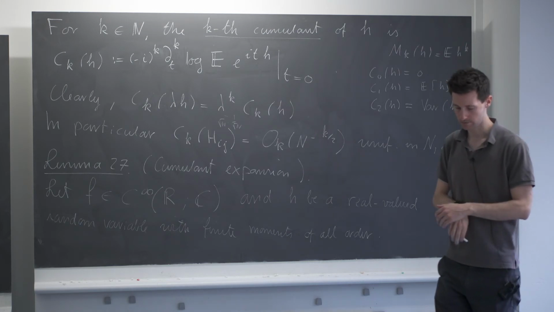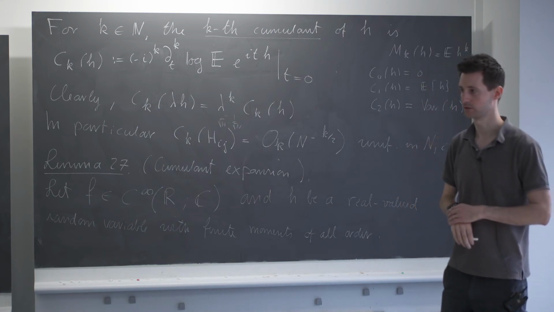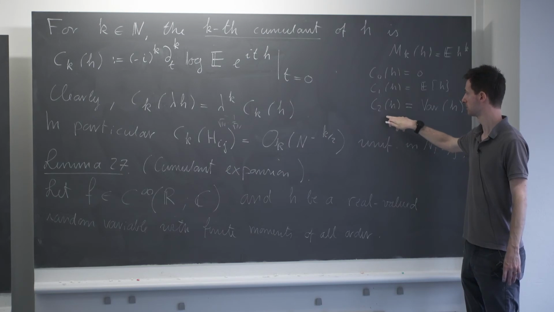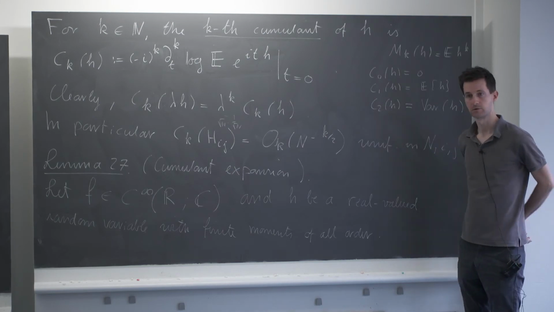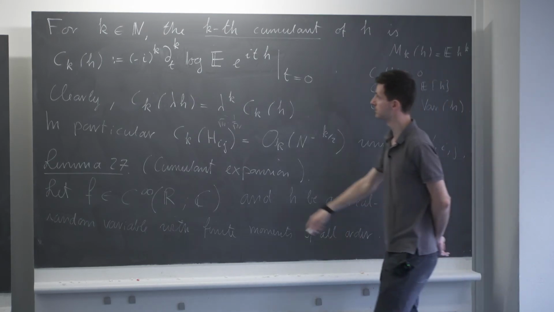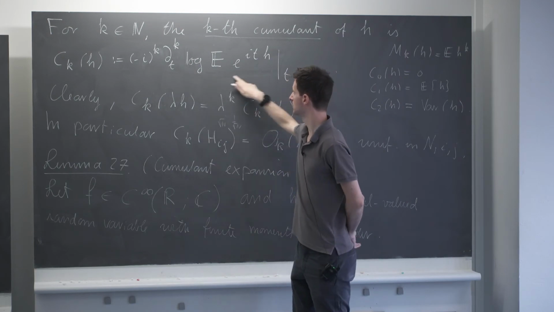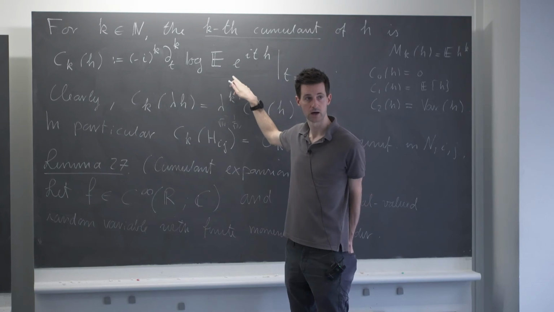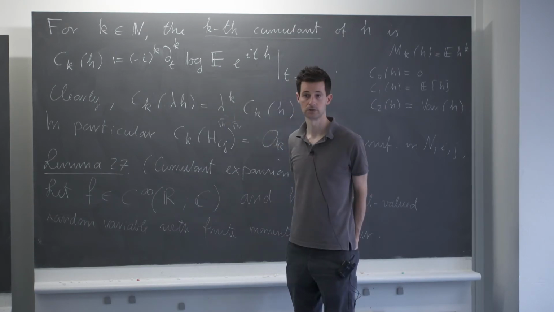Does there exist a random variable whose cumulants of order 3 and above are all 0? Can anyone think of such a random variable? You can just stare at this formula. What does it mean for the derivative of order 3 and higher of this function, the logarithm, to vanish? Gaussian. It's a Gaussian, right?